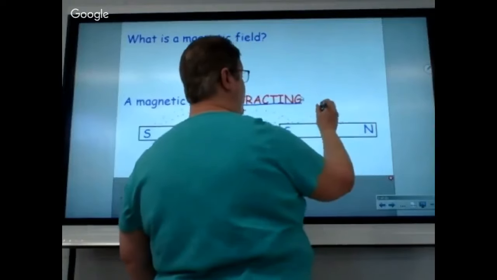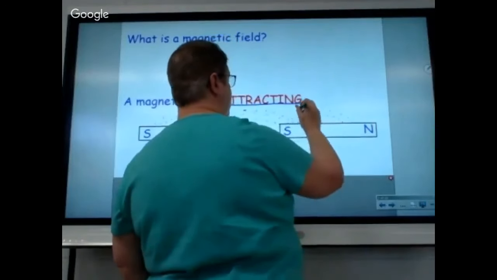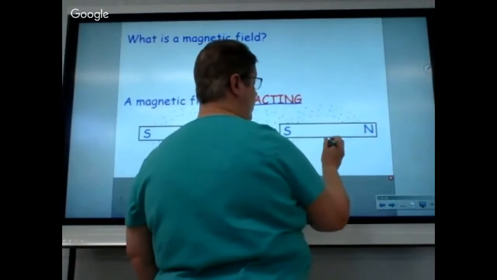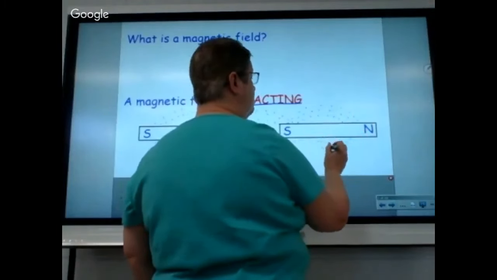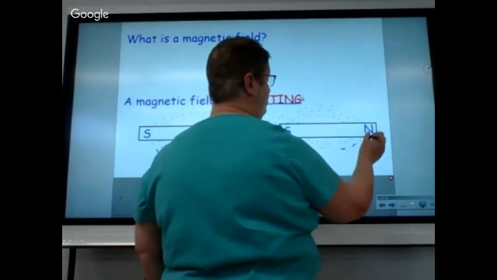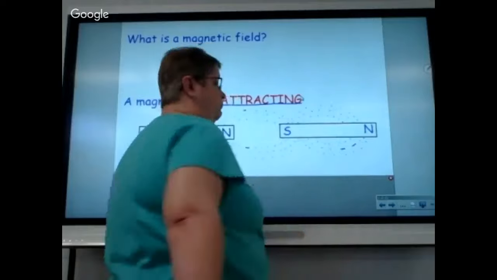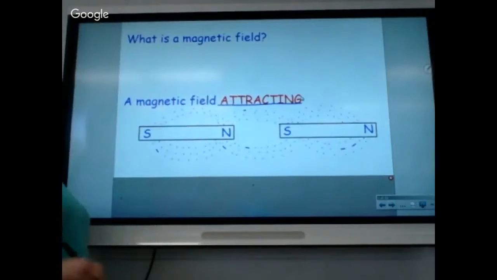Now, you draw a thoroughly crappy picture tomorrow in the lab, and you get a thoroughly crappy grade. Some of y'all are going to be really upset when I grade this one, because your picture looks crappy, so your grade looks crappy. You got to draw it so it looks like the iron filings on the paper. I'm just telling you that ahead of time.